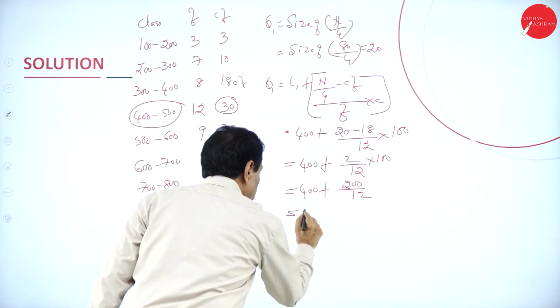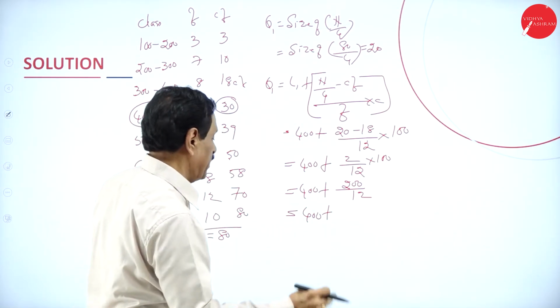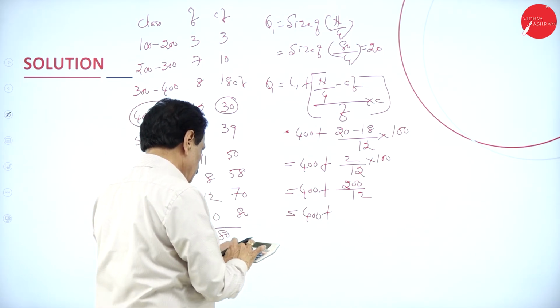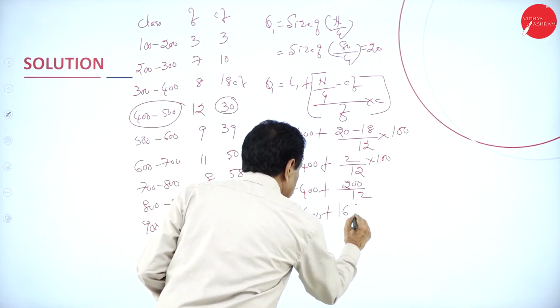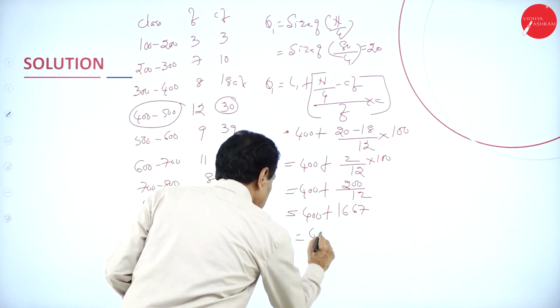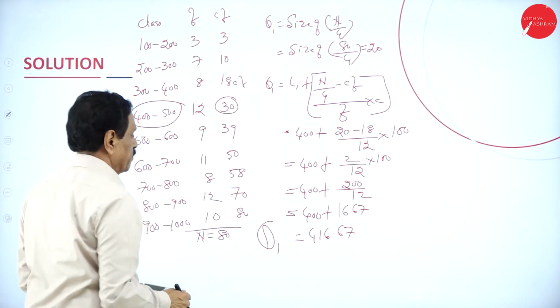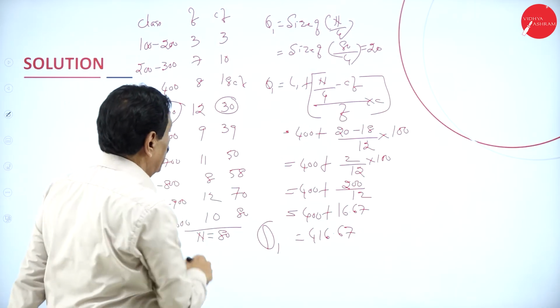Now 200 divided by 12 is equal to 16.66, say 16.67. So 416.67. This is your Q1. You have found Q1 with the same formula.